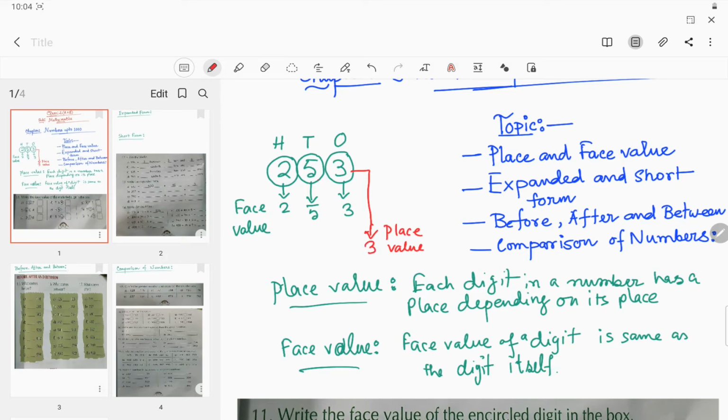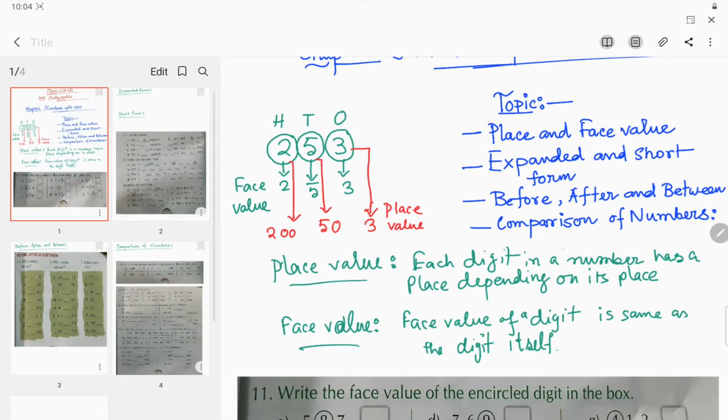What is the place value of 5? Since 5 is in the tens place, it would be 50. What is the place value of 2? It is 200, because 2 is in the hundreds place. Clear?